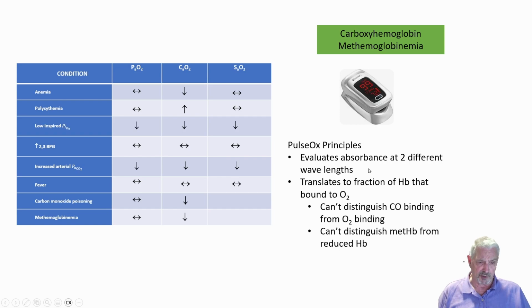The way these things work is they measure absorbance at two different wavelengths of reddish light, and they translate the relative absorbance at an isosbestic wavelength, where the absorbance is similar to a second wavelength, into a measurement that gives the fraction of hemoglobin that is bound to oxygen, i.e. a pulse ox sat.